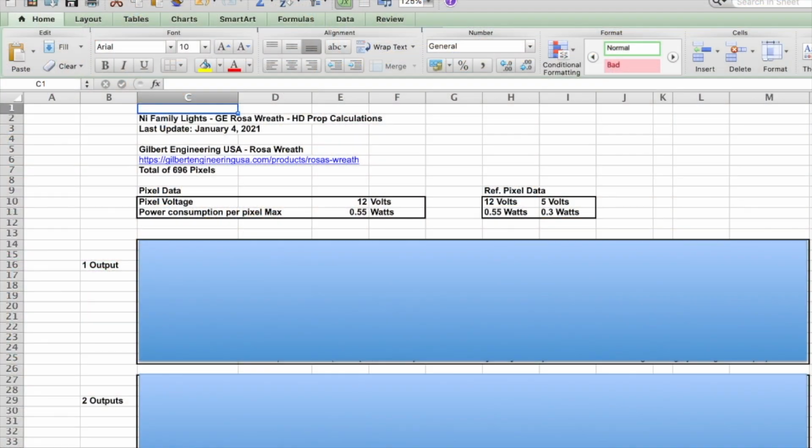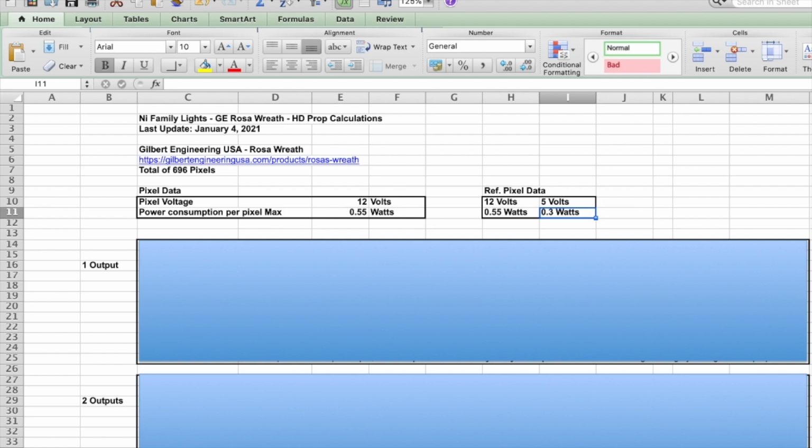Okay, here we are in Excel looking at calculations for the Rosa Wreath prop. I'm using 12 volt pixels using 55.55 watts per pixel on full white, and I have reference data here for 5 volts and its power usage at full white as well that can be used.